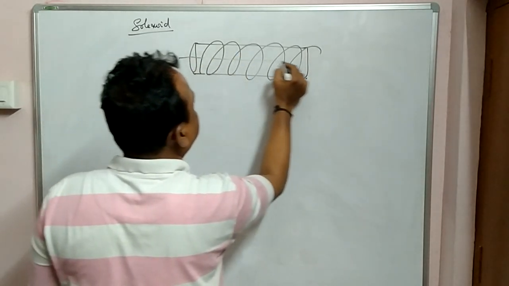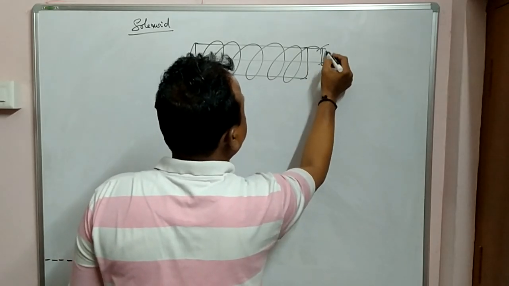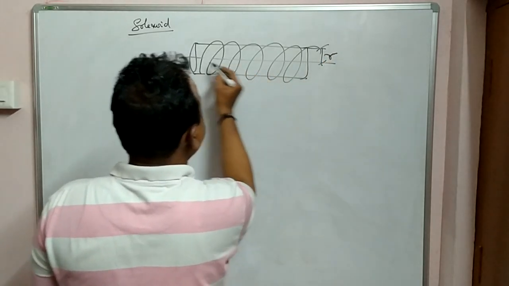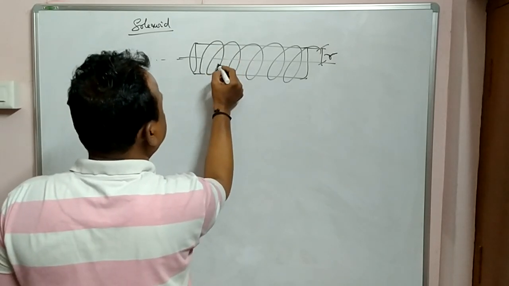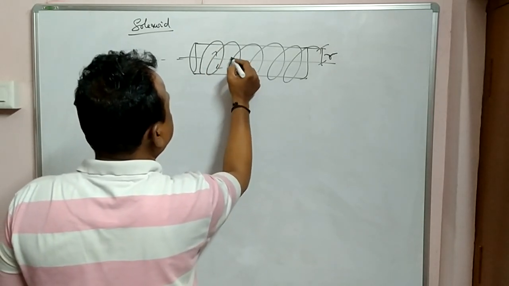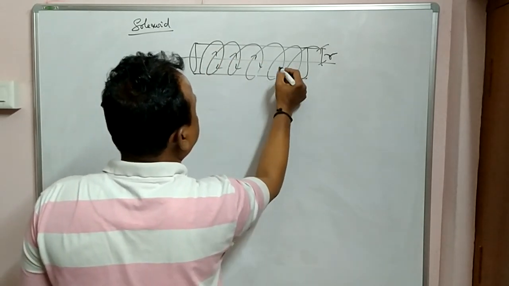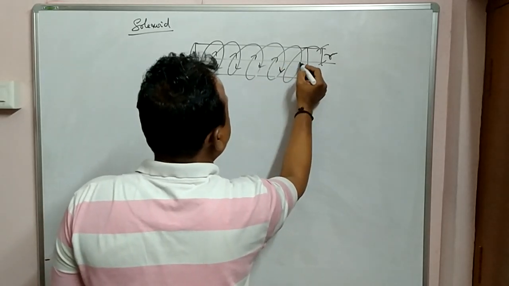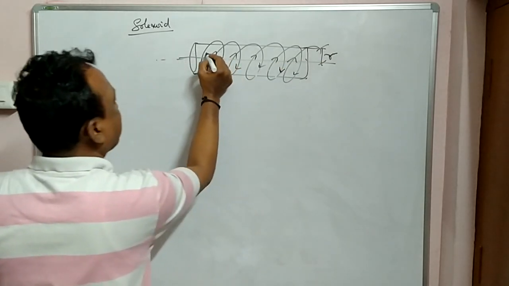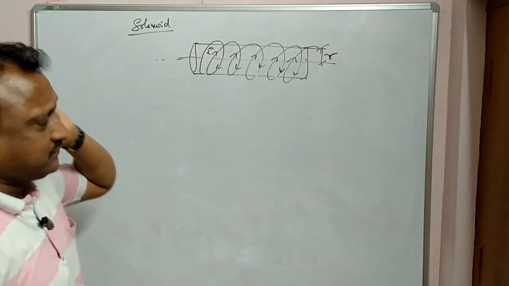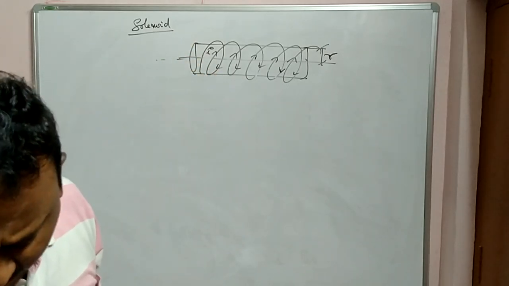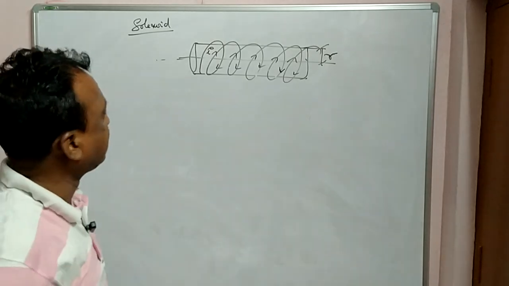This will be the radius, and this is the axis. The current will be going like this, in this fashion, I. This is the general structure of the solenoid: a copper wire wound on a cylinder-like structure.